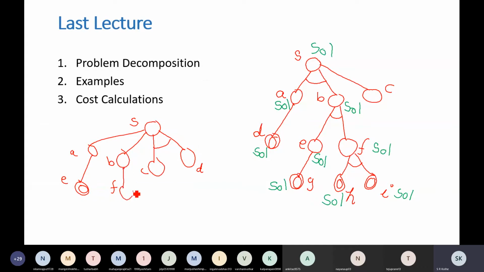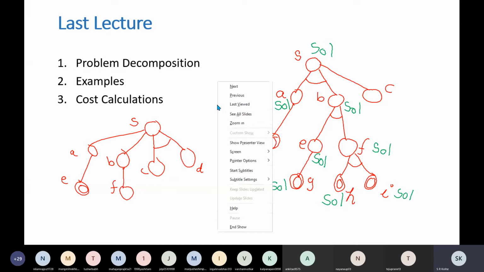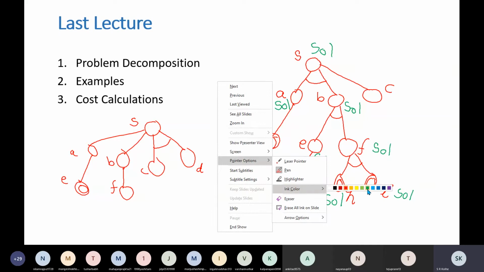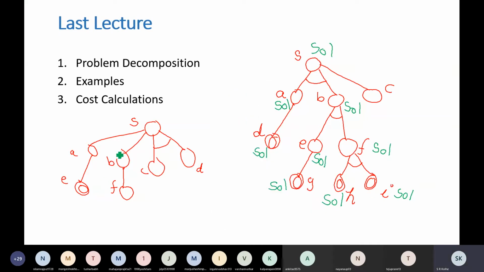This F is unsolvable. What will happen now? You reach node F and this F is unsolvable. How will you come to know that F is unsolvable? Because it may have a very high cost. So you label this as unsolvable.